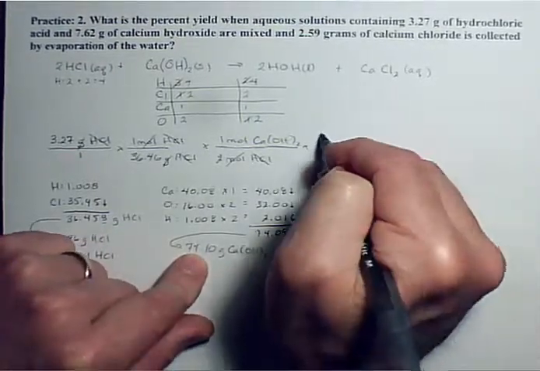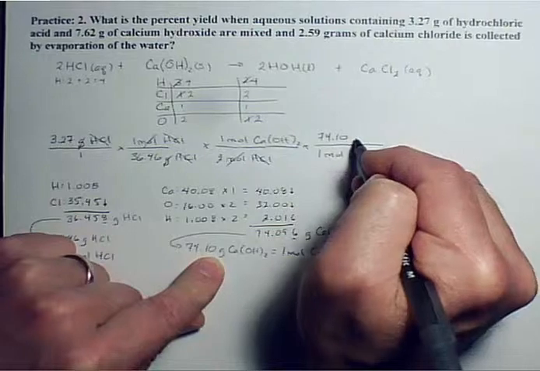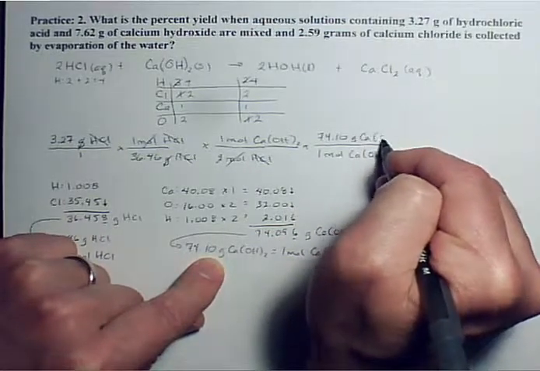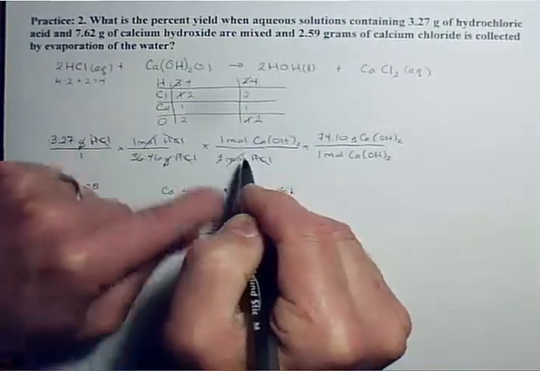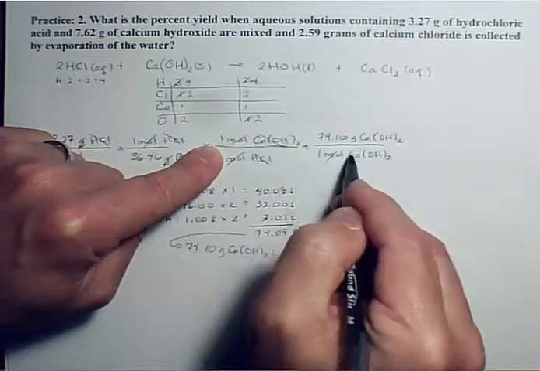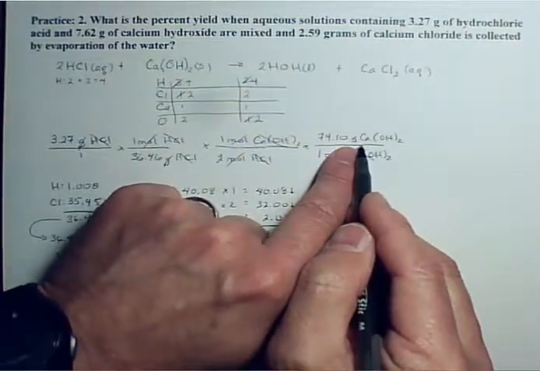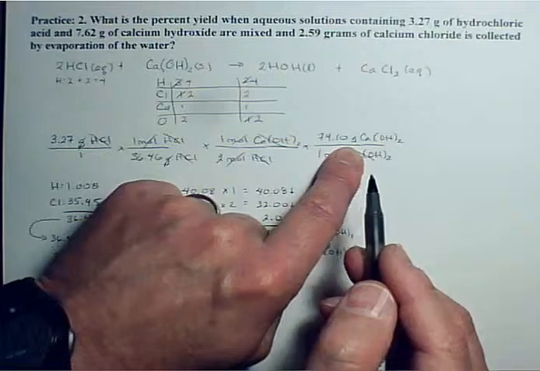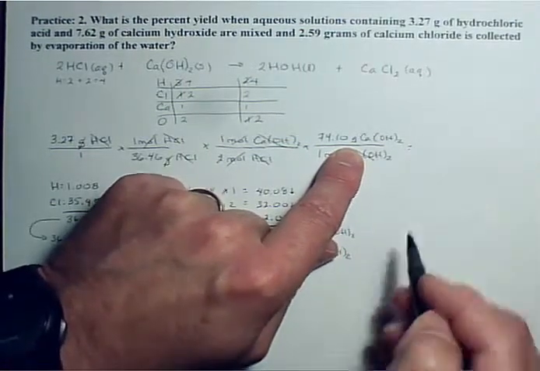And then on the top is 74.10 grams of calcium hydroxide. And when we cancel the moles and the species here and here, we're left with grams of calcium hydroxide, and that's what we want. We want to find grams of calcium hydroxide.